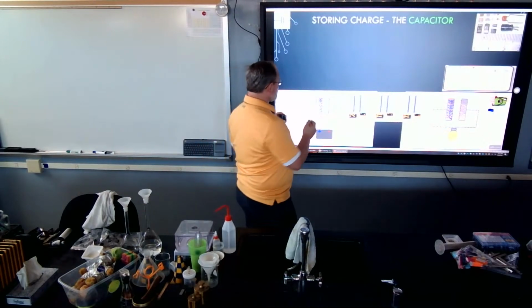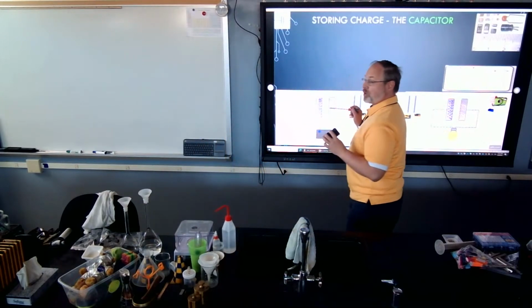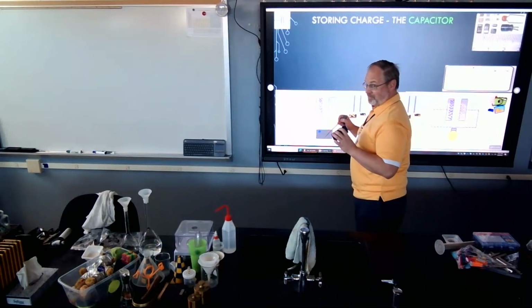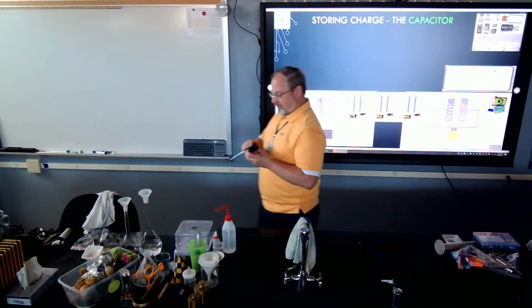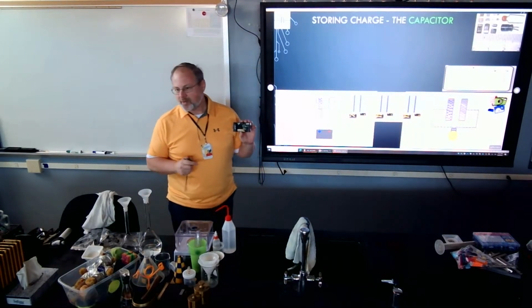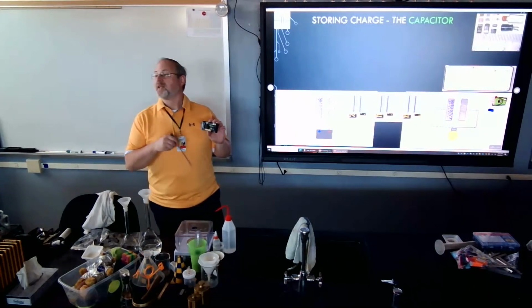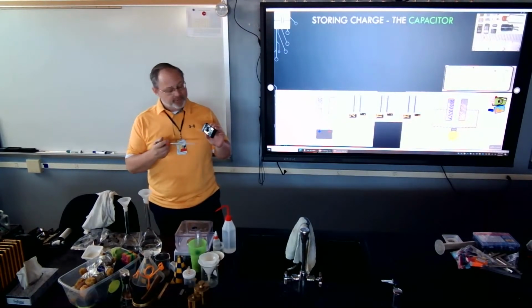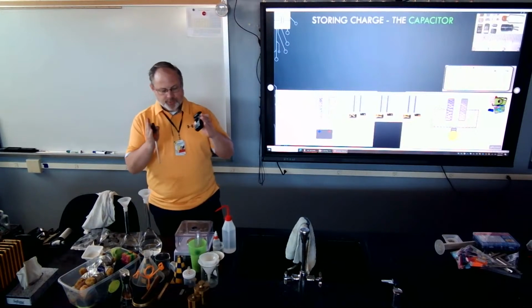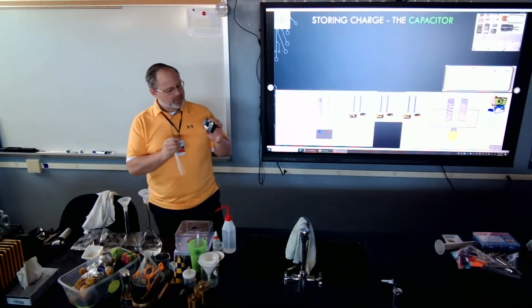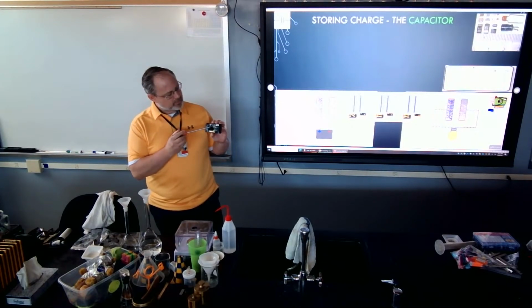Because when you short a capacitor, those charges move real fast. And this single AA battery would never make enough power to cause that flash. But you let it build and build and build and use the AA battery to pull the charges and pull the charges and pull the charges, and then they dump.